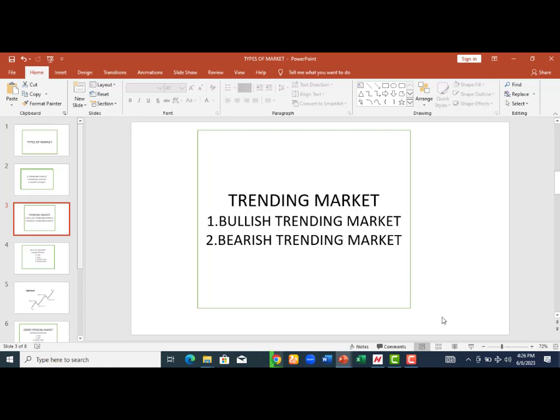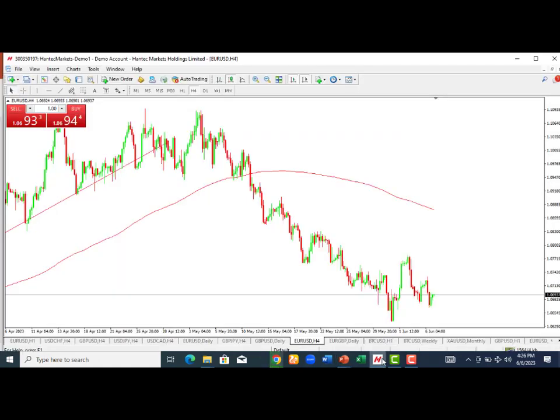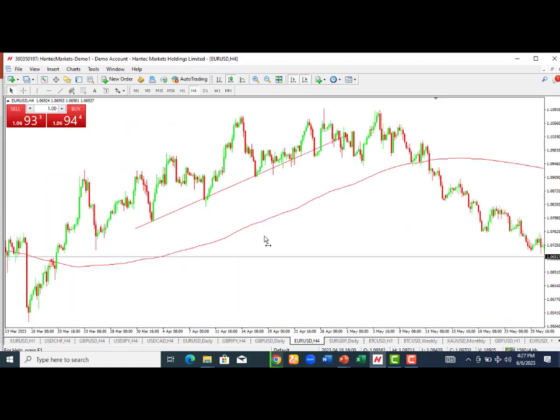This is what I'm trying to show to you. Look at this. The market, is it heading up or downward? You can see that the market is heading downward. So this is simply a downtrending market. And sometimes you see the market making this move to the upside. Whenever you see the market making a move to the upside, it's known as an uptrending market.